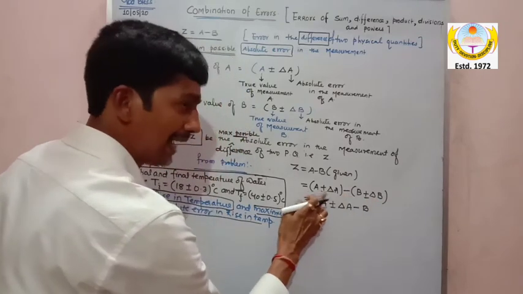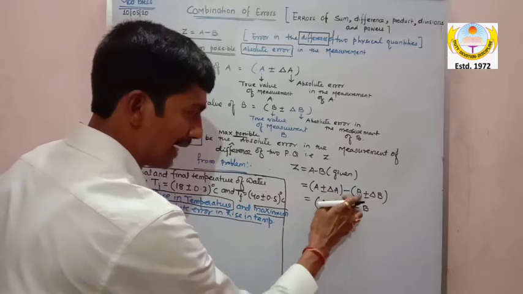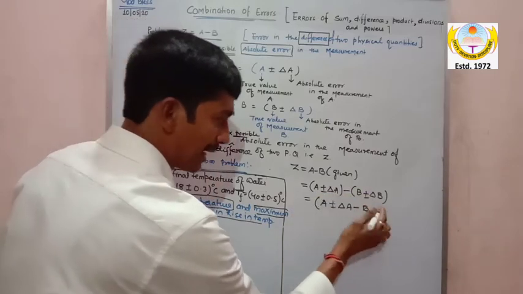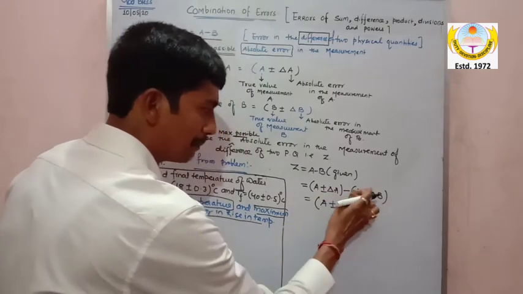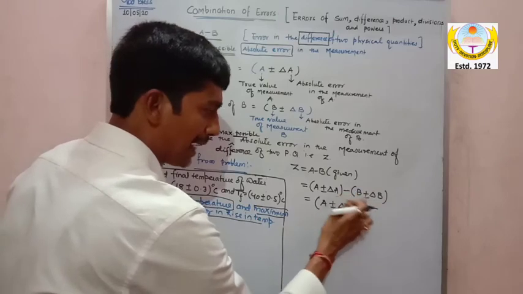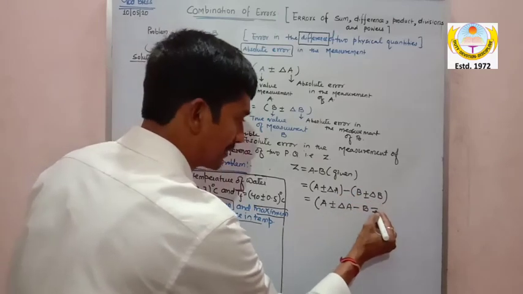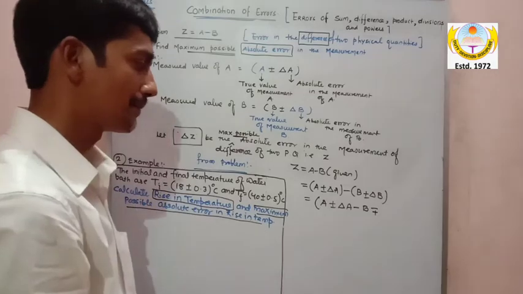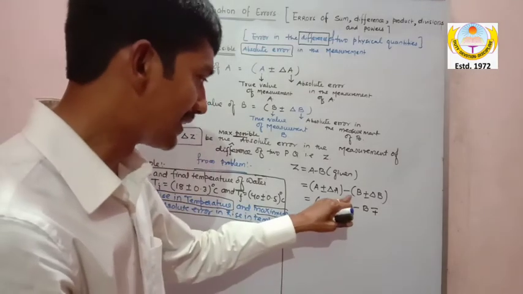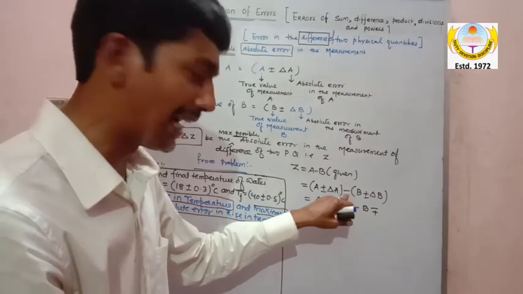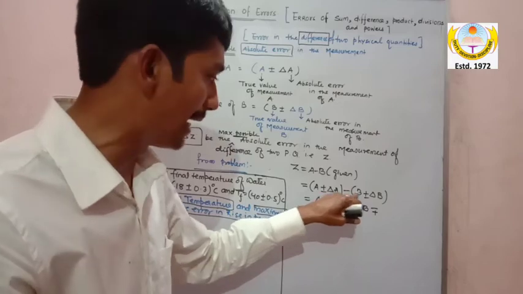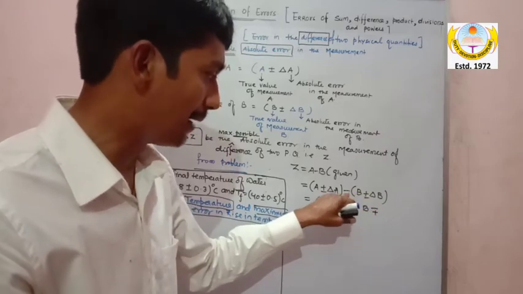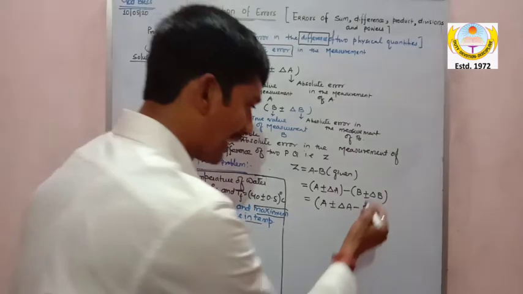You can see a plus minus delta a minus b. Minus times plus becomes minus, and minus times minus becomes plus. So I can write this as minus b, and when I apply algebra, it is minus and plus, and here it is delta b.